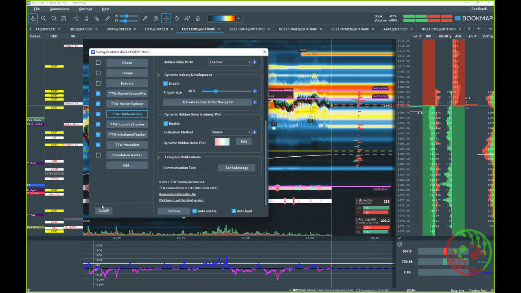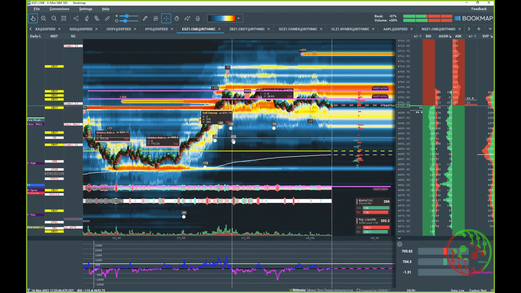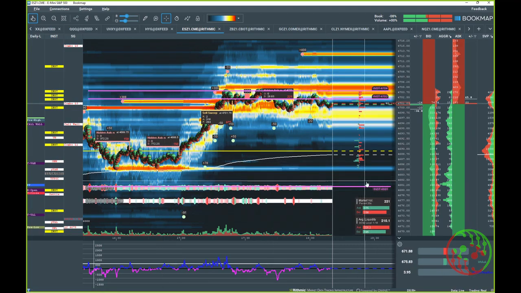I will discuss the DID in a moment. And we decided, just for your understanding, not to distract the trader, but to put all icebergs in the hidden order plot as well and the hidden order volume profile. That's here on this side.